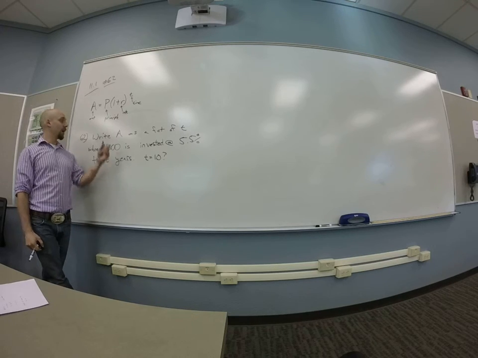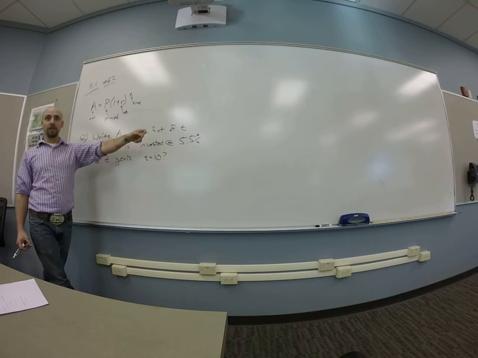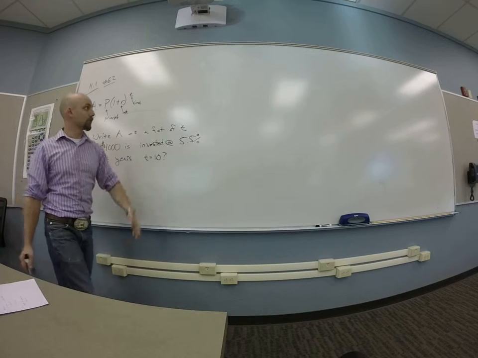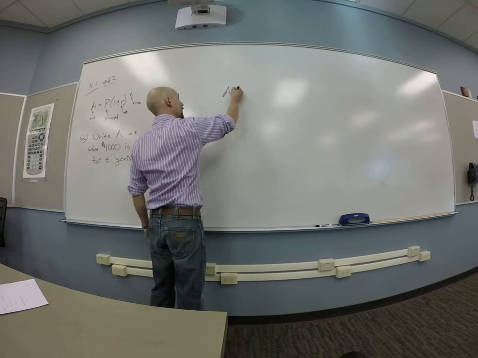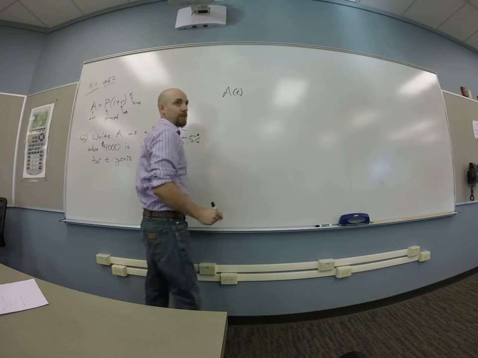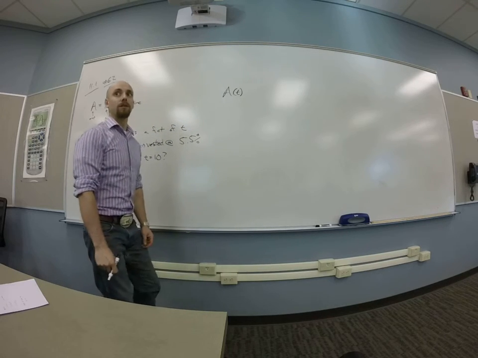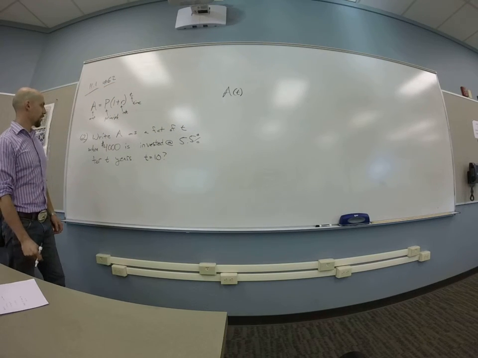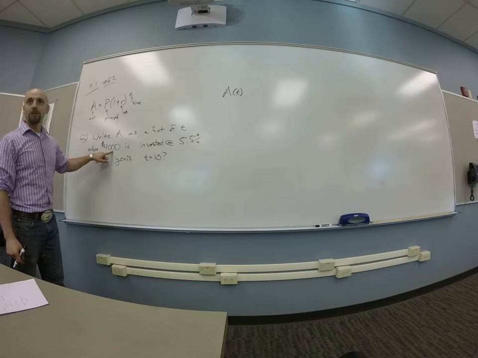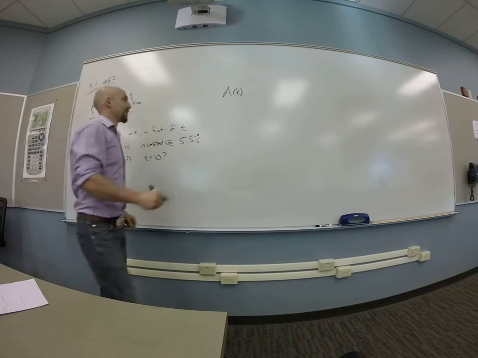So they asked me to write amount as a function of T, right? Okay, so just following blindly, amount as a function of T. And then they gave me a formula. Oh, $4,000 is the principal, right?